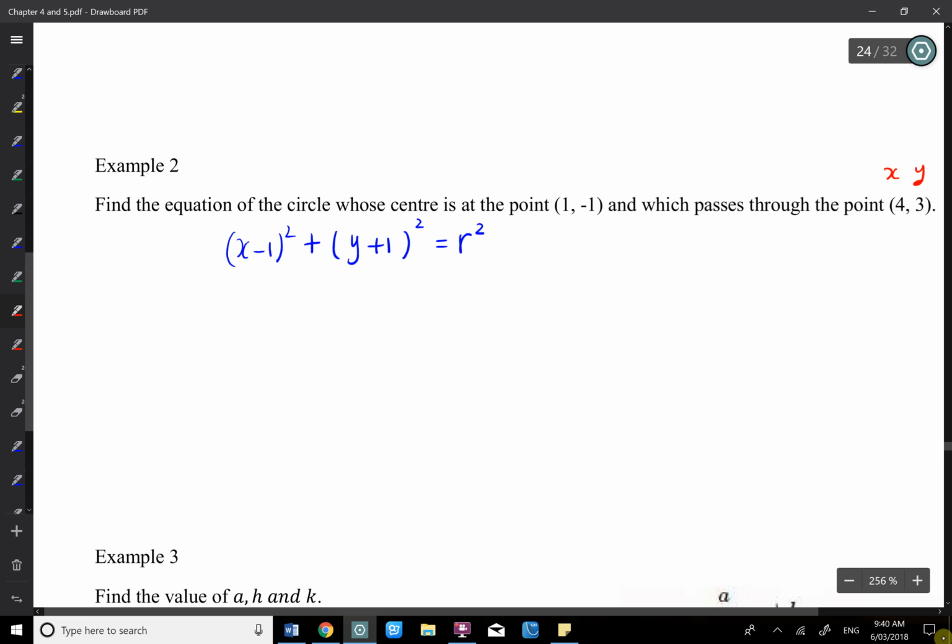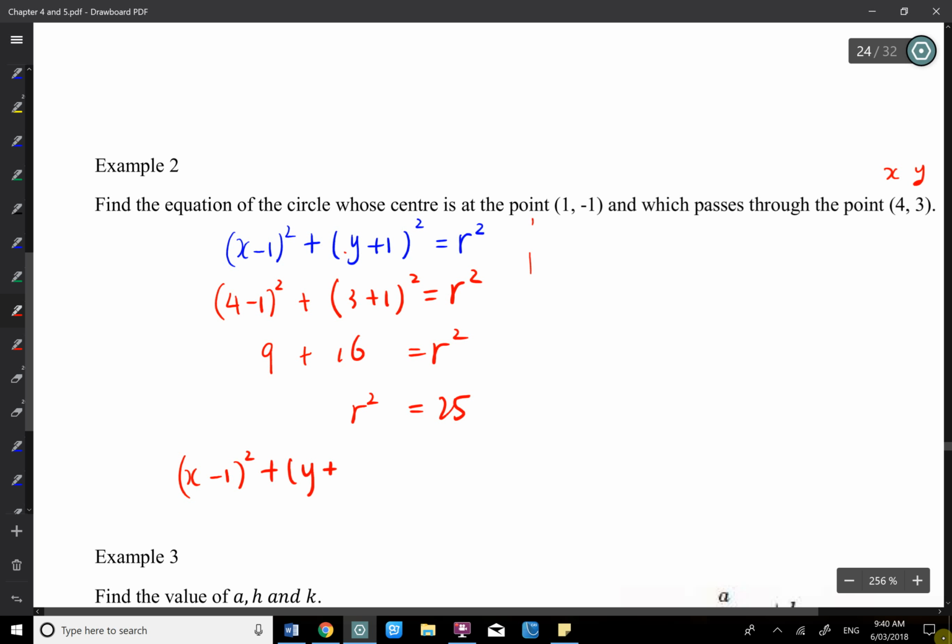So 4 minus 1 squared plus y plus 1 squared equals r squared. I can easily solve out r squared: that's 9 plus 16 equals r squared, and r squared equals 25. So the equation will be 5 squared.